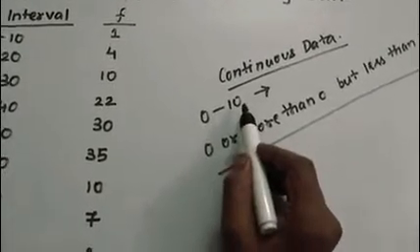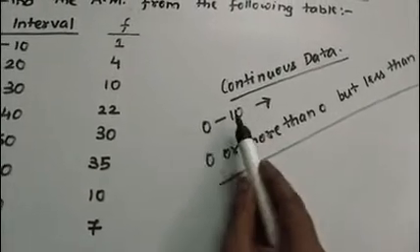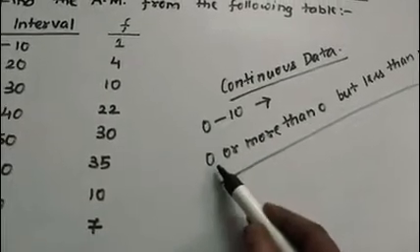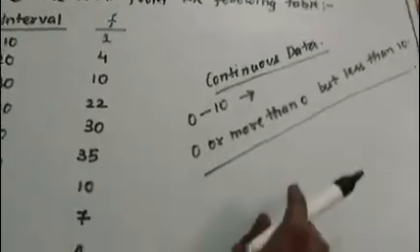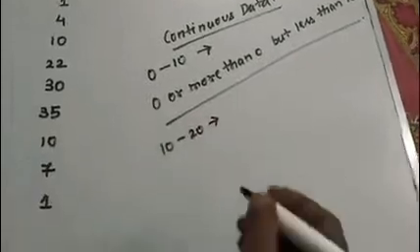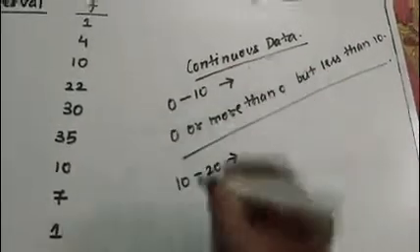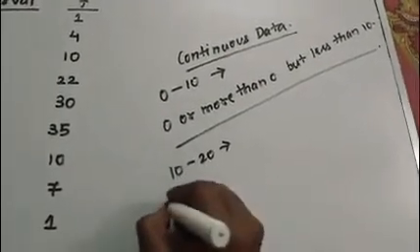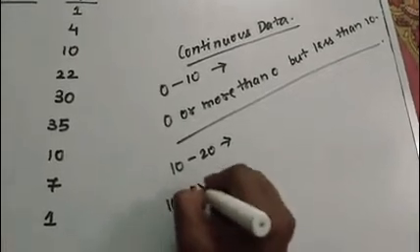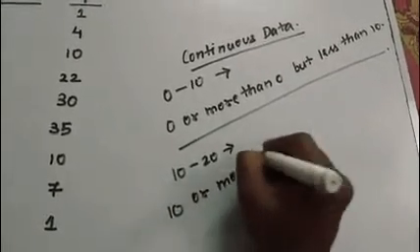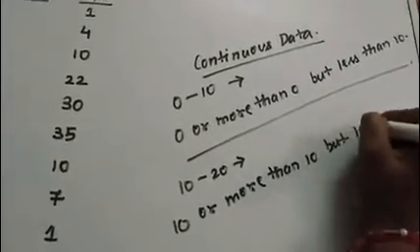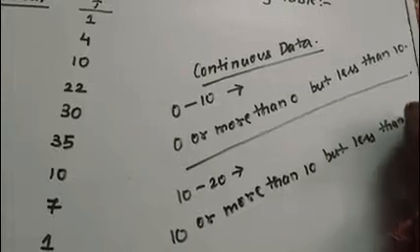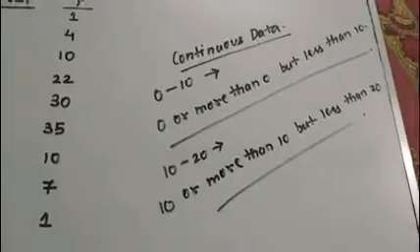For the interval 10 to 20, as these are continuous data, the numbers are either 10 or more than 10 but less than 20.